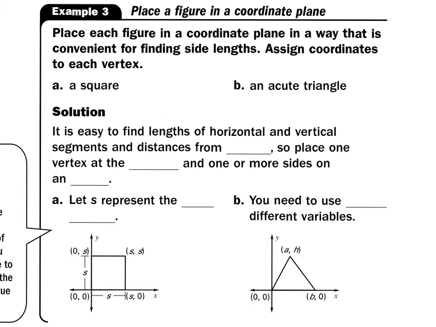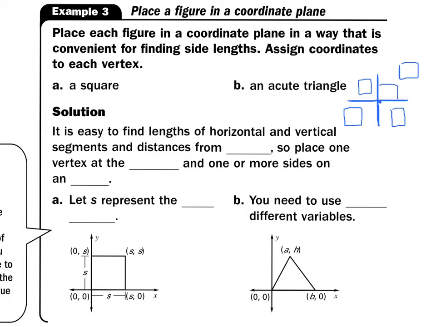Now, if I draw a coordinate plane, technically I could put my square anywhere in here, and that would be legal to do. But there is one place that's really easy for it to be, and that is lined up with the origin, because you know one point already would be 0, 0.